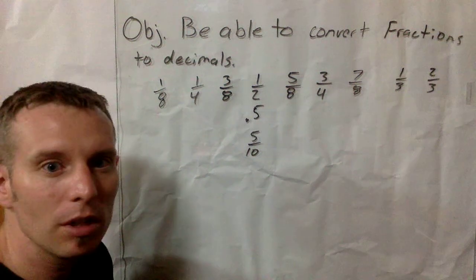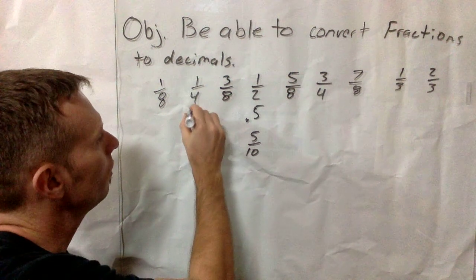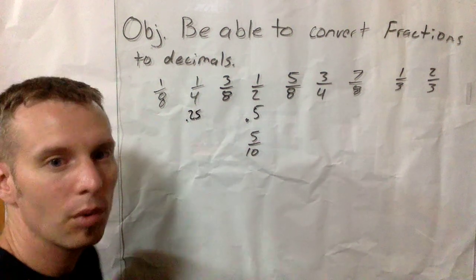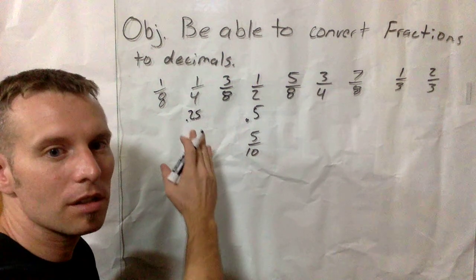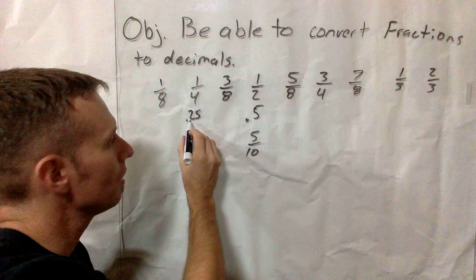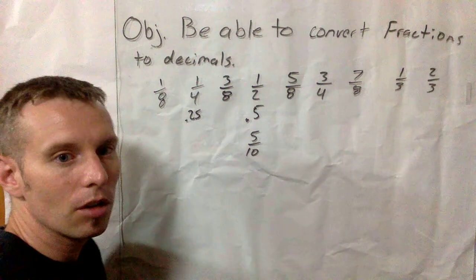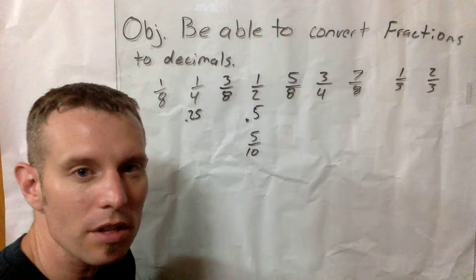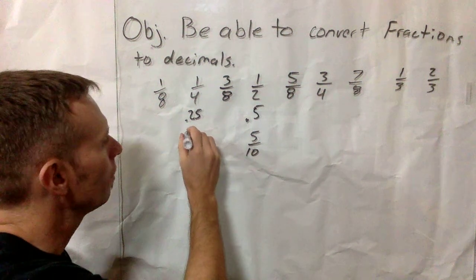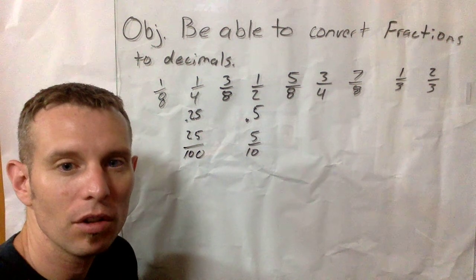Some other common ones that we probably already know: 1/4 is 0.25. And again, since the 2 is in the tenths place and the 5 is in the hundredths place, we read this as 25 hundredths, and we could write that as a fraction, 25 over 100.